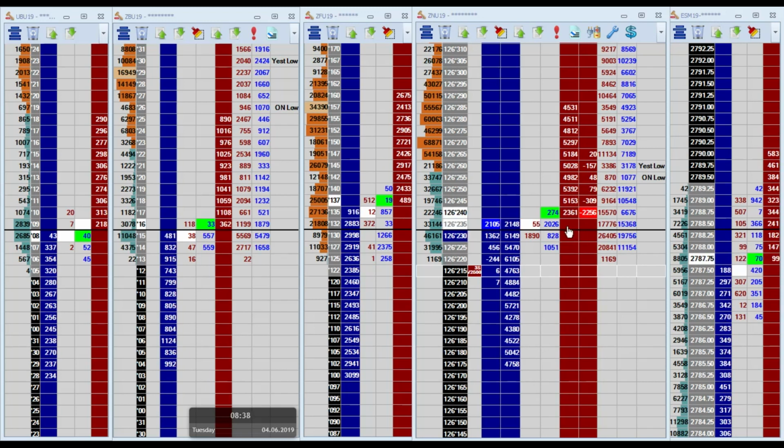Buyers have no motivation to buy above this level, and they just sit there and linger, and then sellers come along and just slap it right back down.